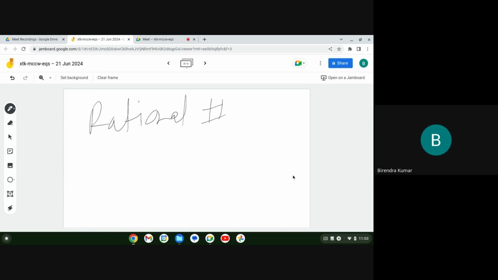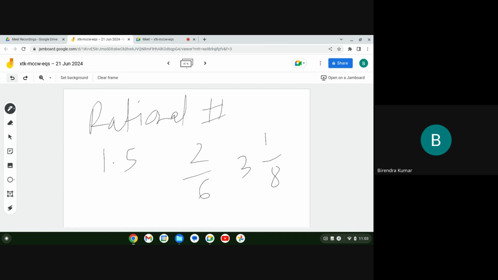Even if you make mistakes, it's okay. Don't stop yourself from giving an answer. What is a rational number? Now tell me. Let's see who is making a mistake. Rational numbers are numbers that are fractions. Yes.